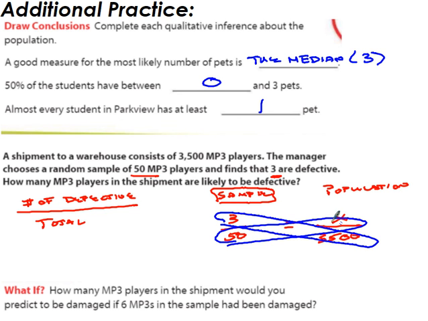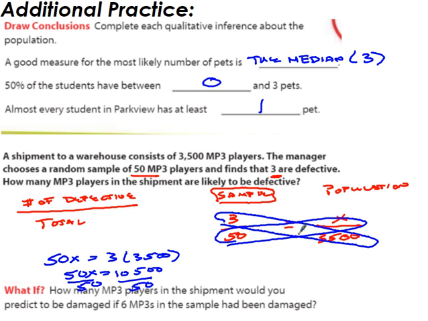So I do 50 times x. 50 times x equals 3 times 3,500. 3 times 3,500 is 10,500.